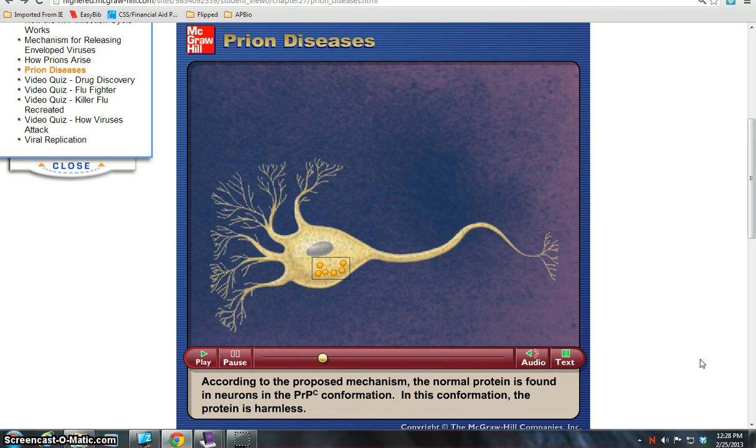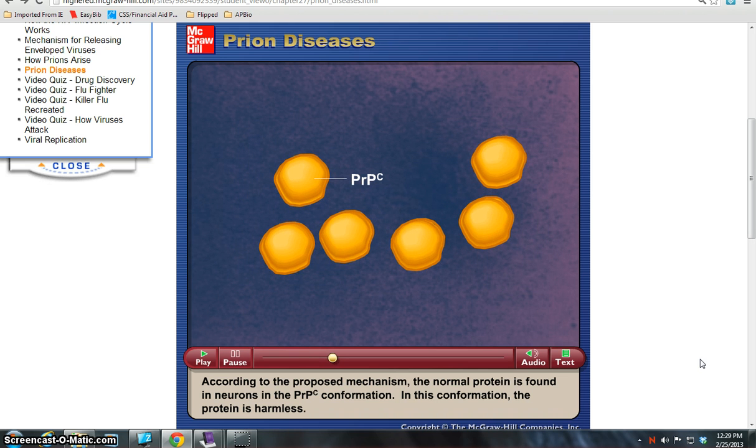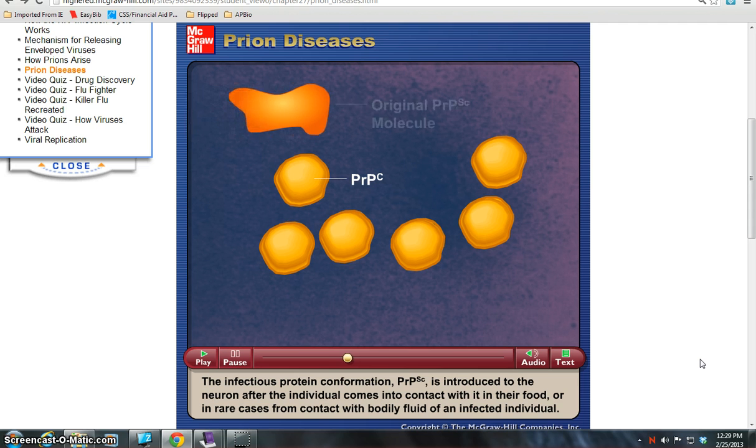According to the proposed mechanism, the normal protein is found in neurons in the PrPC conformation. In this conformation, the protein is harmless. The infectious protein conformation, PrPSc, is introduced to the neuron after the individual comes into contact with it in their food, or in rare cases from contact with bodily fluid of an infected individual.